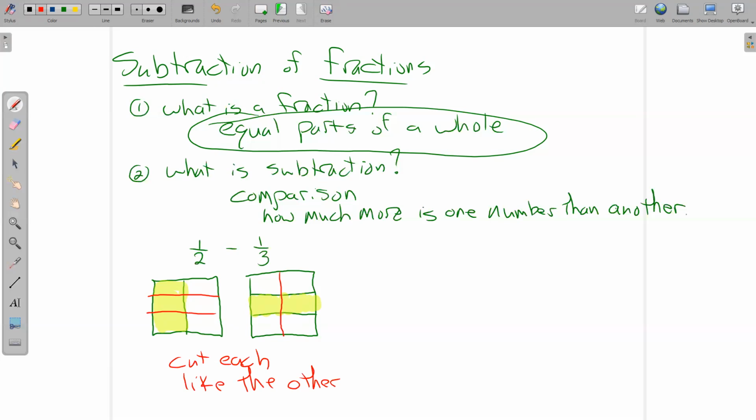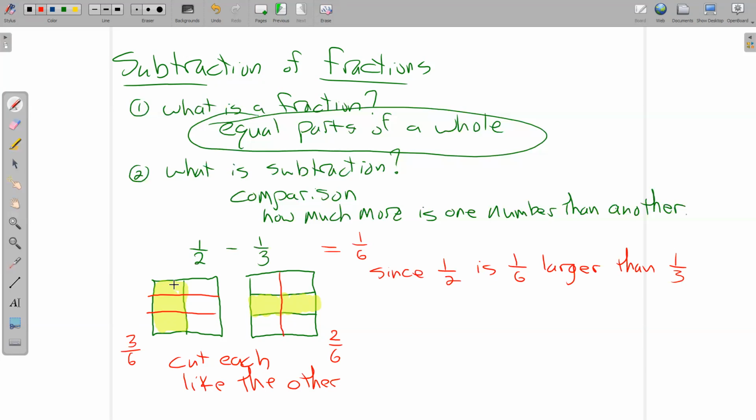Instead of calling this a half, we say that's 3/6 of a whole, and this one is 2/6 of a whole. And we can see that the 1/2 has one more piece than the third, and that piece would be called a 1/6. So the result here is 1/6, since 1/2 is 1/6 larger than 1/3.